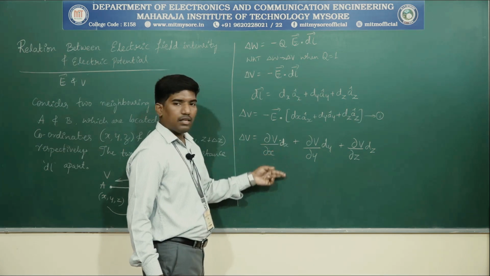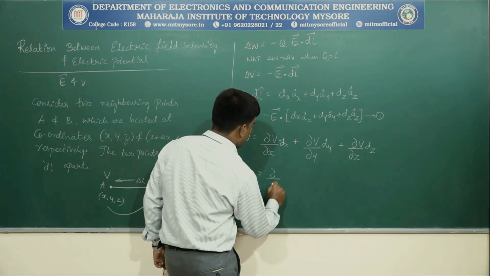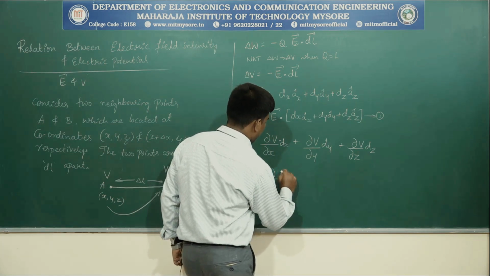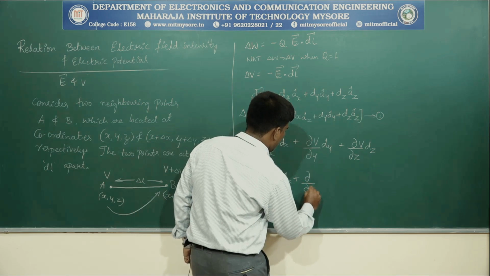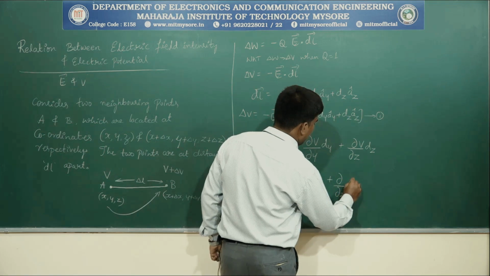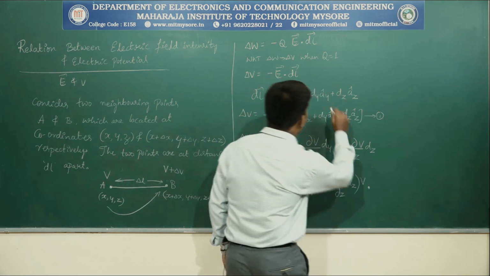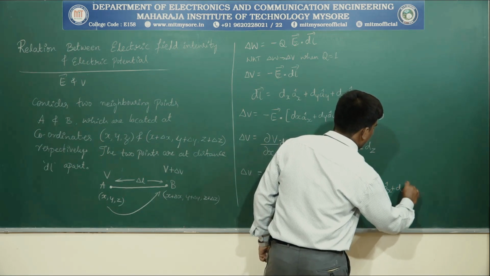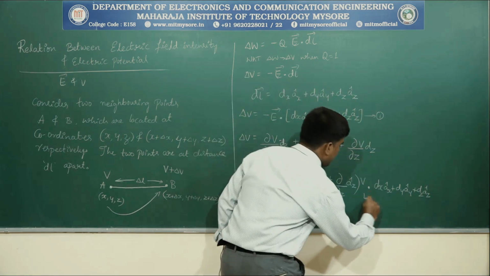If we resolve this equation into a dot product, then delta V is equal to (dou by dou x a_x plus dou by dou y a_y plus dou by dou z a_z) V dot (dx a_x plus dy a_y plus dz a_z). Okay, name this as equation 2.